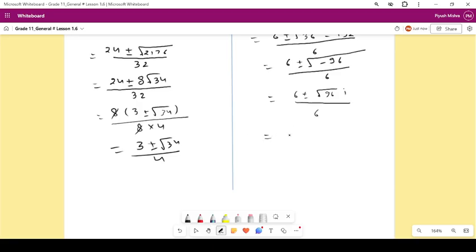Solve it further. You will get 6 plus minus 4 root 6i by 6. So here you can take common.